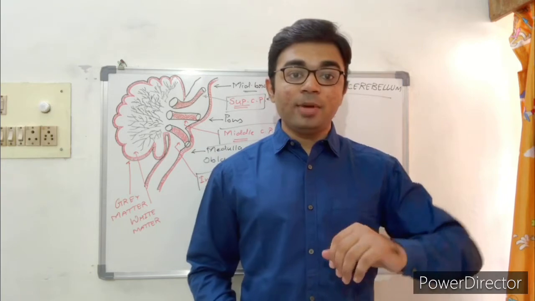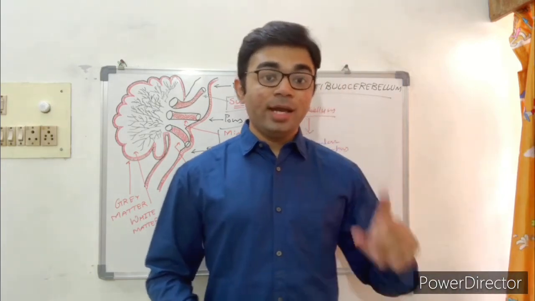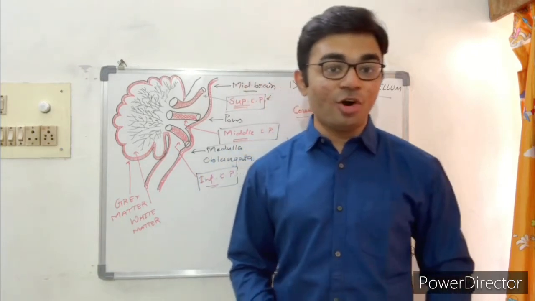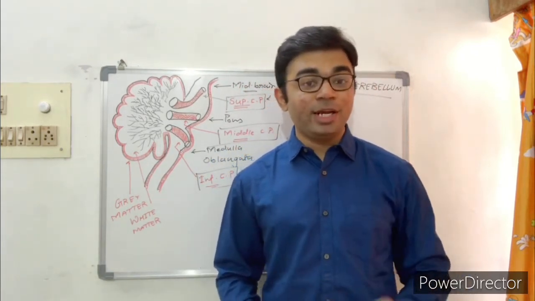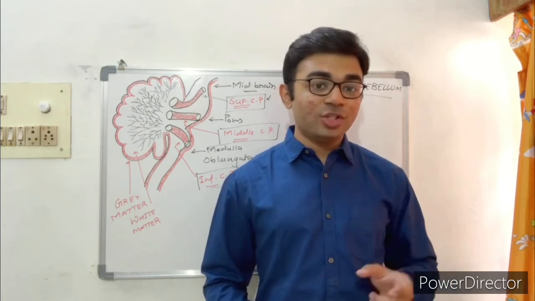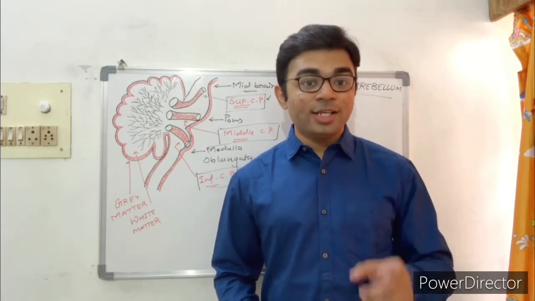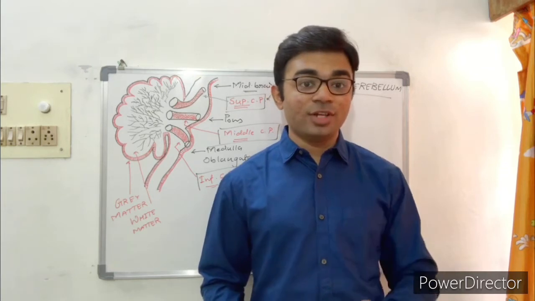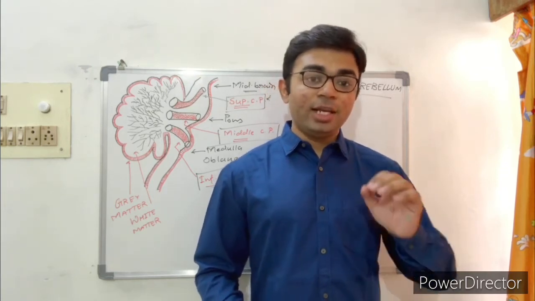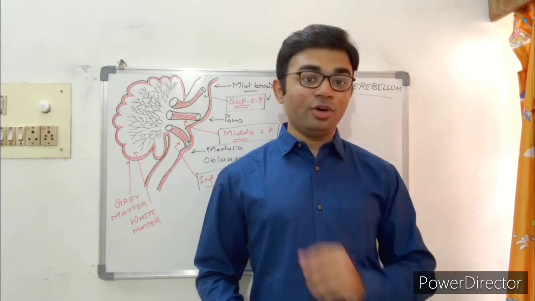Now whenever there is any problem in gravity, linear movement and angular acceleration, which is assessed by the cerebellum, the cerebellum inhibits both of them and stimulates the alpha motor neuron present in the anterior grey horn of the spinal cord. I explained this in my video of the transverse section of the spinal cord, spinal cord part 2. If you have not watched that video, do watch it, and in that I have explained in detail where the alpha motor neuron is located.